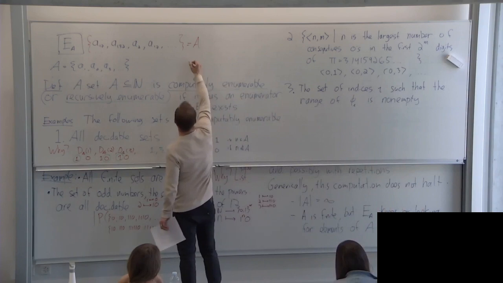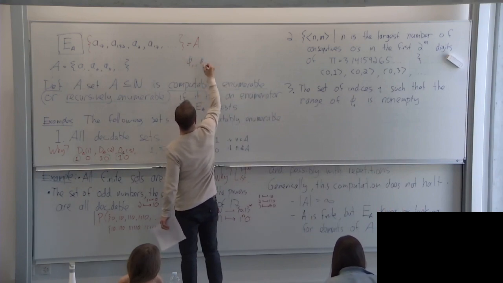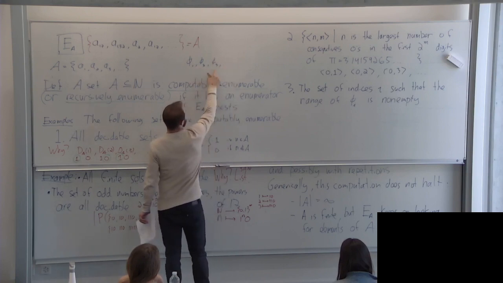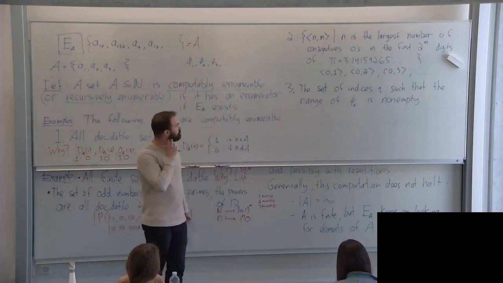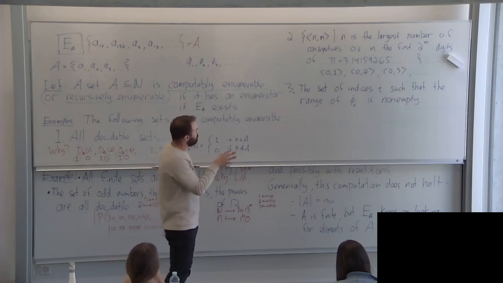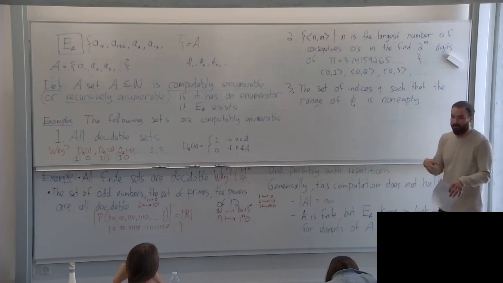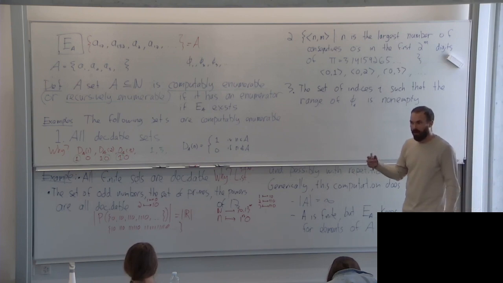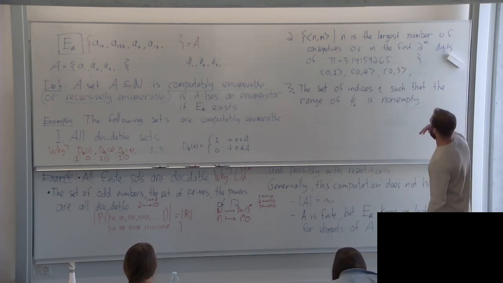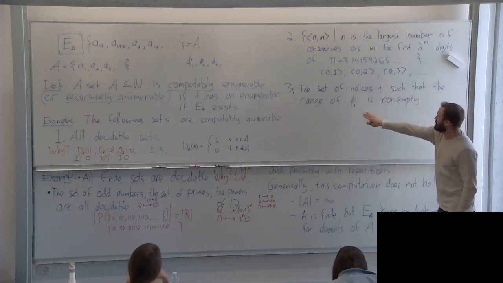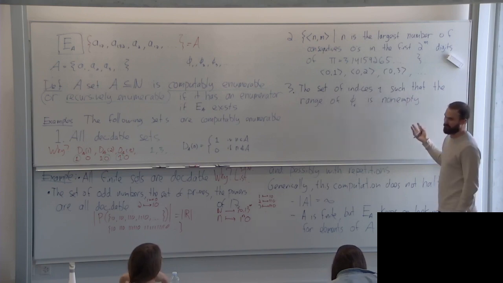These indices: I had my enumeration of Turing machines, which defines an enumeration of partial computable functions. We call these the indices. Some partial computable functions will have an empty range. An empty range means that their image is nothing. In other words, the Turing machine that computes it halts on no input. It never produces an output. What I want is the set of indices of those partial computable functions for which the range is not empty. So not those.